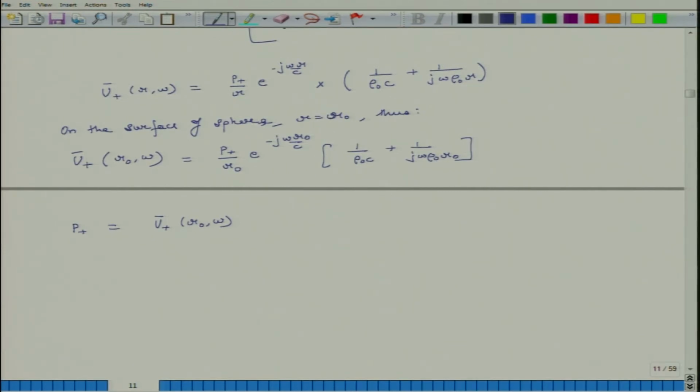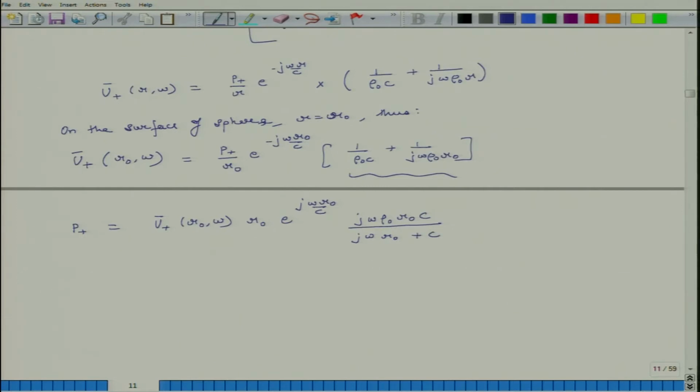So, I am computing this P plus in terms of u plus at location r naught, omega times r naught, and then exponent j omega r naught divided by c, and if I move this entire thing to the other side, you can do the math, you will get j omega rho naught r naught c divided by j omega r naught plus c.